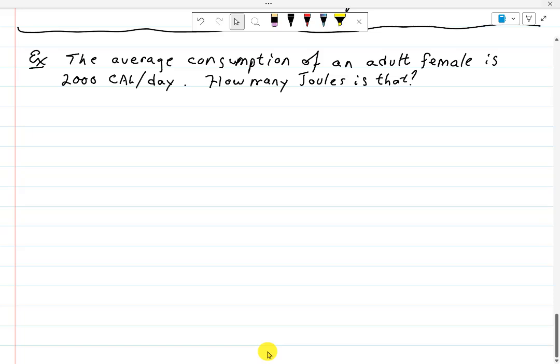So let me write that down. 1 cal equals 4184. And the international letter that's used for joules is the letter J. So let's start. 200,000 calories per day. And we want to change calories to joules.